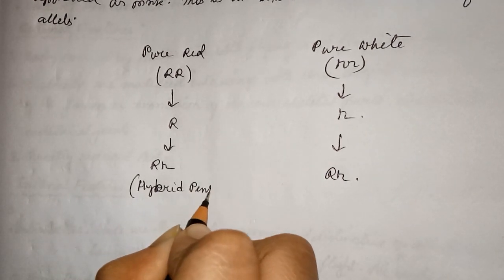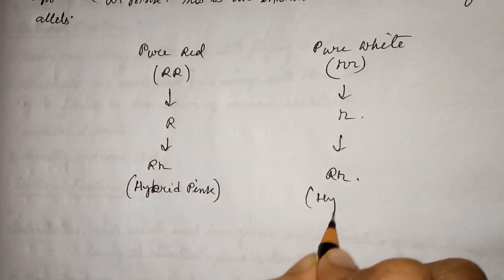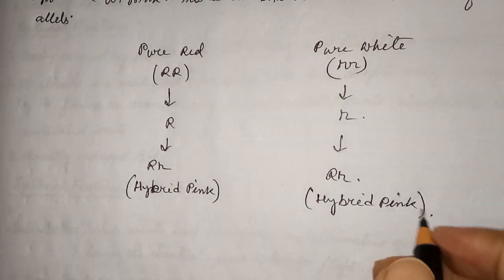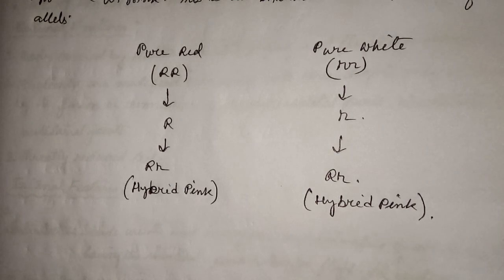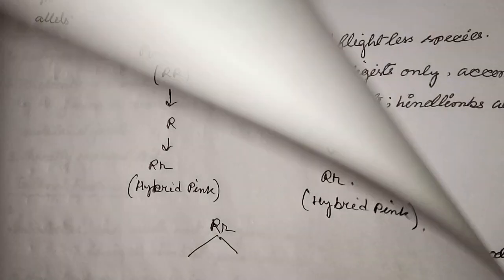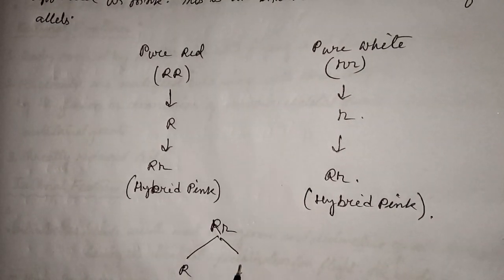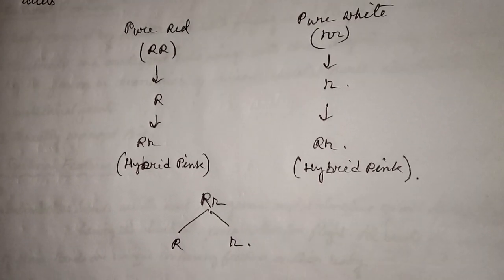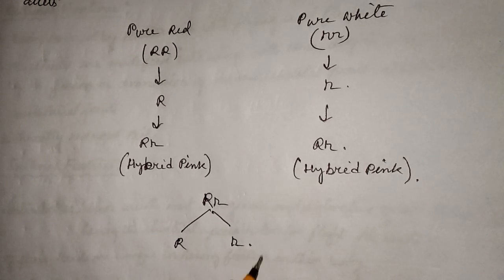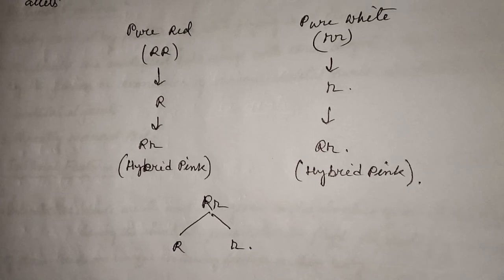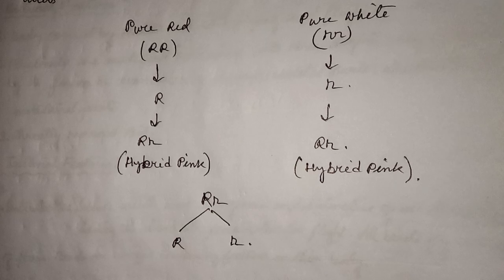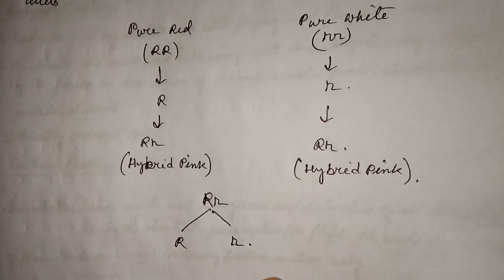Hybrid pink, that means capital R, small r, where the dominant and recessive characters are both present. That means no one is dominant and no one is recessive.